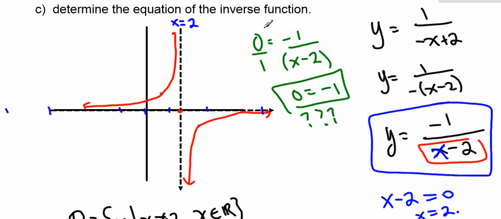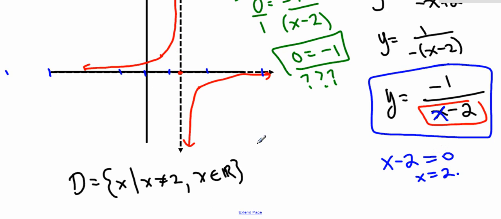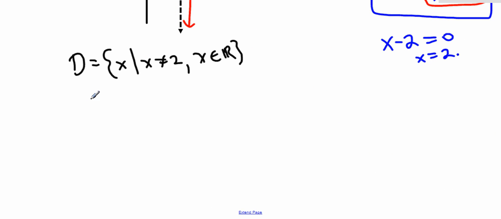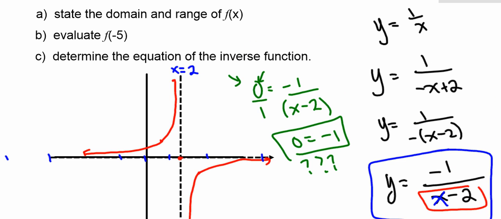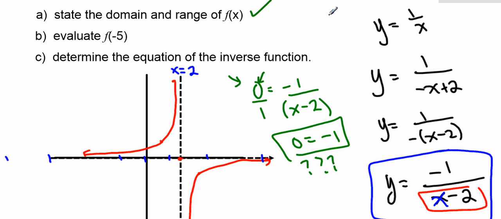And that's because there is no way of getting a value of y equals 0. So that tells you about your range. For the y, you are going to see every single value of y. So every real number will occur except for 0. You are never going to see y equals 0 on this equation. So that was state the domain and range.